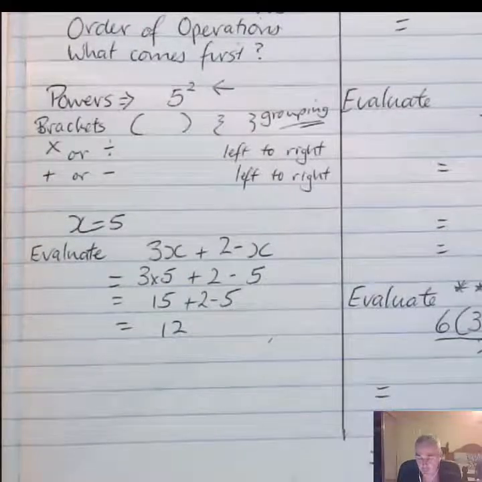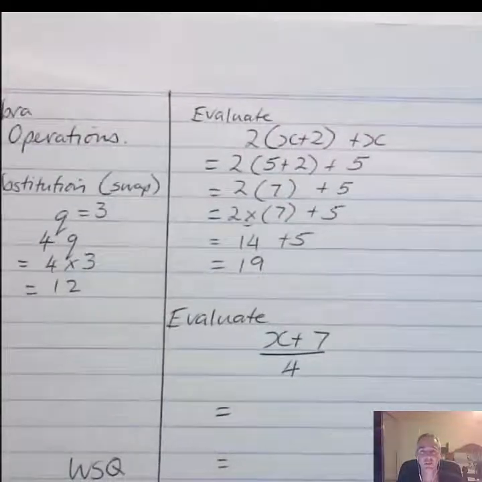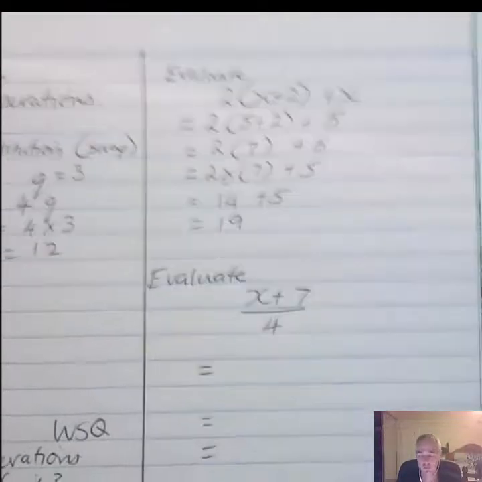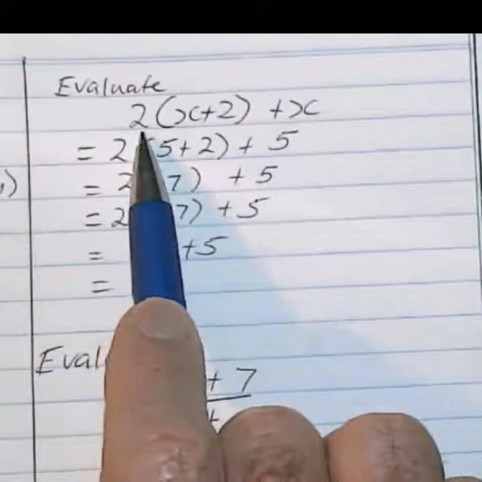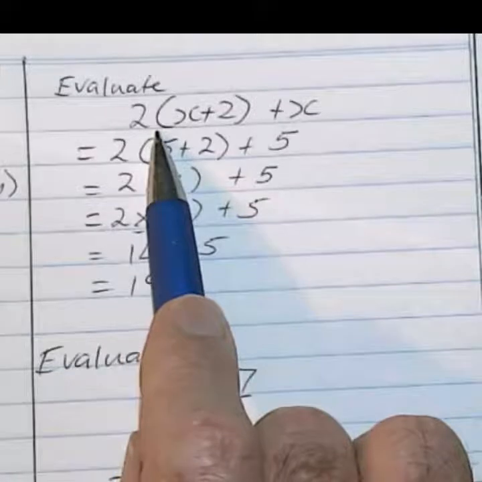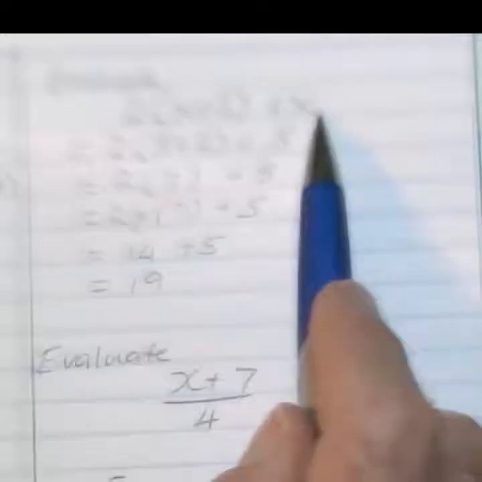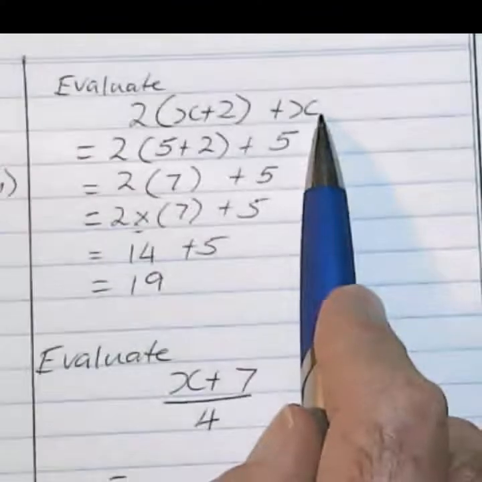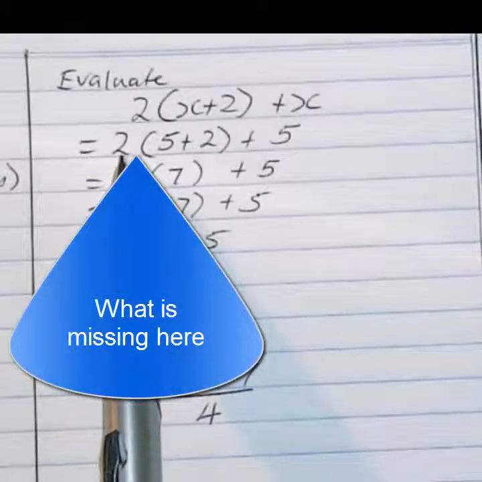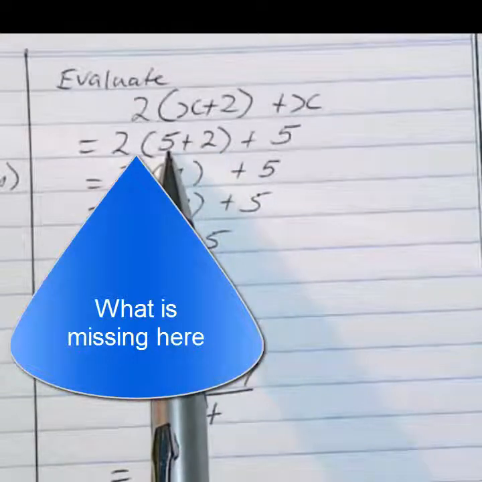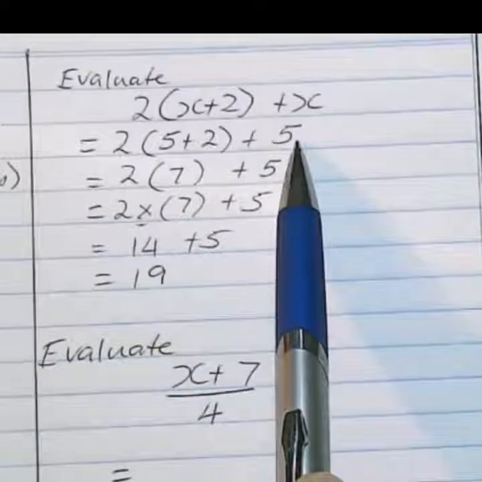Quick little example. Another little example, but this time with brackets in it. So let's have a look. It says evaluate 2, straight after is the bracket, x plus 2 inside the bracket, plus x. Substitute on my next line, equal sign comes first, 2 on the outside, brackets, 5 for the letter x, plus 2, brackets are closed, plus 5 for the letter x again.